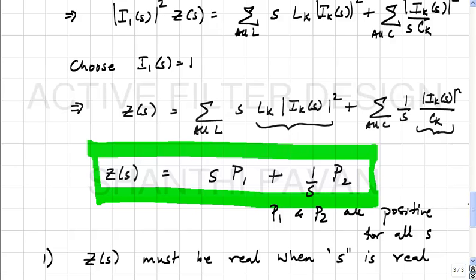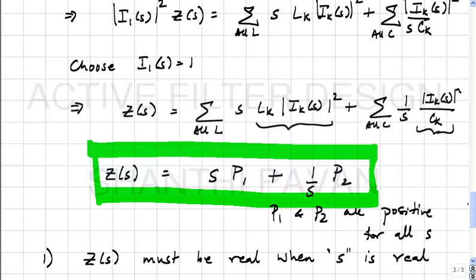One immediate consequence of this is that if you evaluate Z on the j omega axis, what can you say about Z of S? It is purely imaginary, correct? Okay, this is something that you knew, all right?